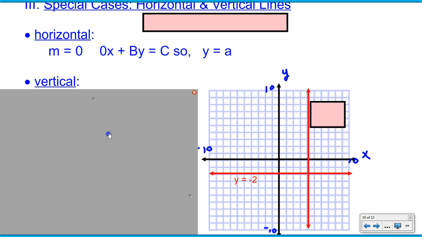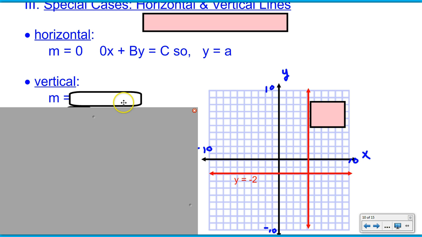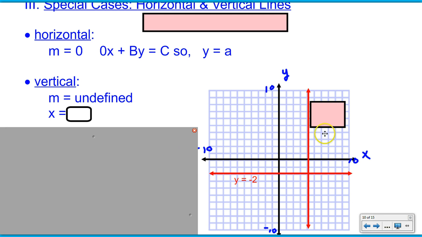Okay, with our vertical lines, we actually have that. What slope is that? Do you remember? That's right, it's the undefined slope. So m is undefined. It's all rise and 0 run. So we have that 0 under the fraction, so it's undefined. And in these cases, instead of y's being all the same, look at the y's are all different.